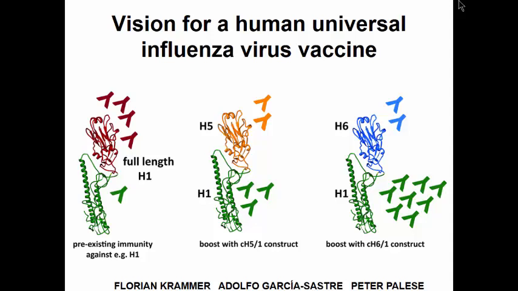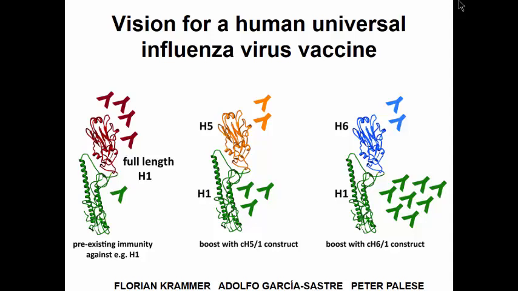So basically, since we have not seen the head here, we are naive against this head of the H5 and H6 in this case, and we are hoping that the immune system in humans will be redirected towards the much more conserved stalk, as well as the neuraminidase.